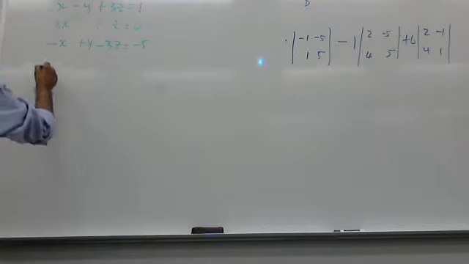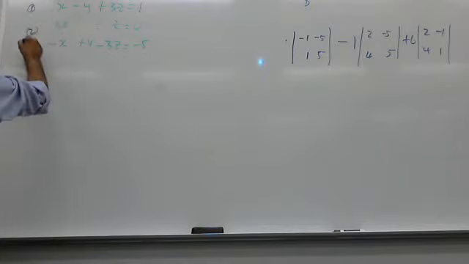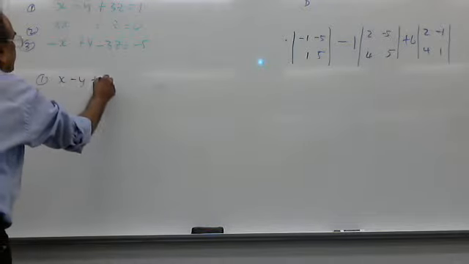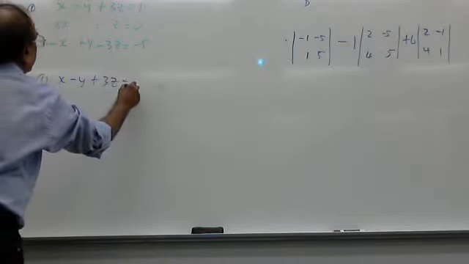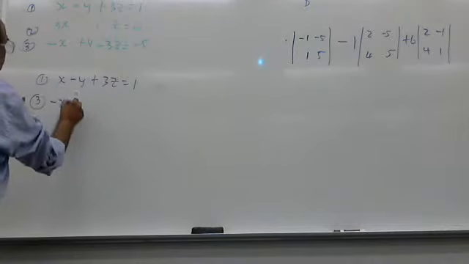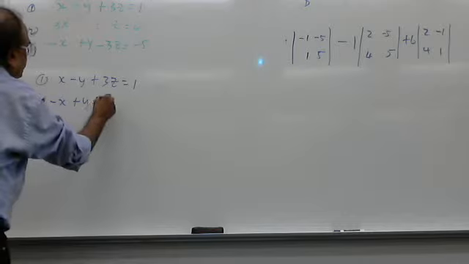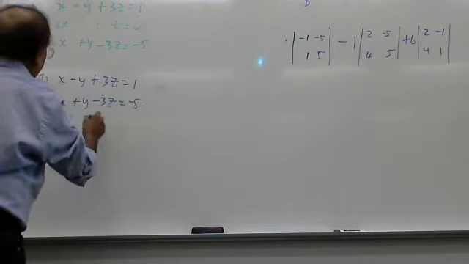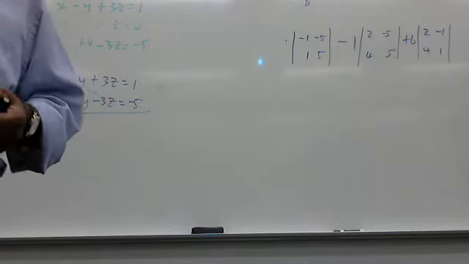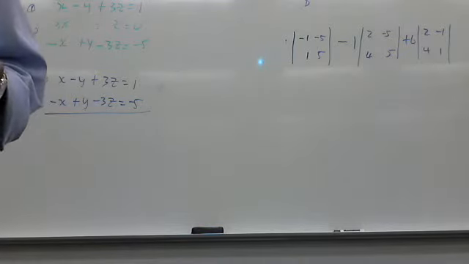So let's call this 1, 2, and 3. 1, we have x minus y plus 3z equal to 1. And this is the third equation. I have negative x plus y minus 3z equal to minus 5. Now, let's go ahead and add and see what will happen here. Anybody have any question on this?